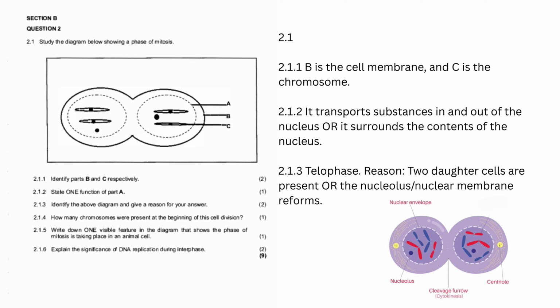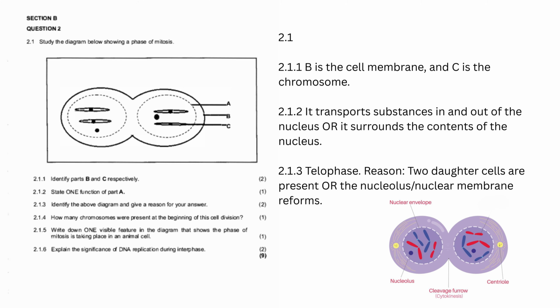Because we can see two distinct daughter cells beginning to take shape, we know we are at the end of mitosis. Also notice those dotted lines appearing again. That's the nuclear membrane reforming around the chromosomes at each end, which is the classic sign that the cell is finishing up the division process.